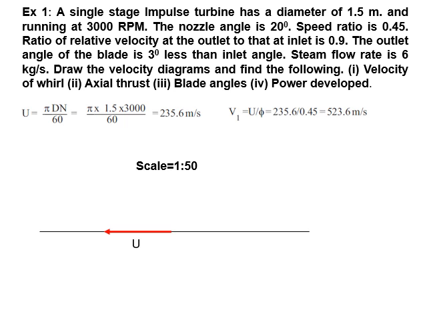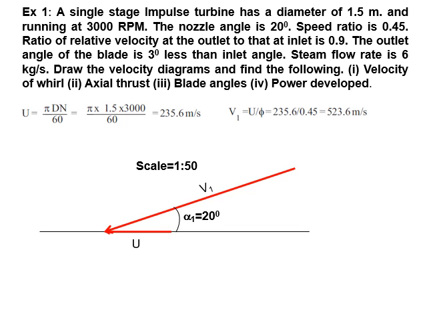Take that much distance and mark it on the horizontal line. Here the alpha 1 angle is given, that is 20 degrees. Mark that alpha 1 angle with the horizontal, draw the line for that angle, and also mark the length of V1. Here 523.6 meter per second is given, so according to our scale this distance is 10.47 centimeter.